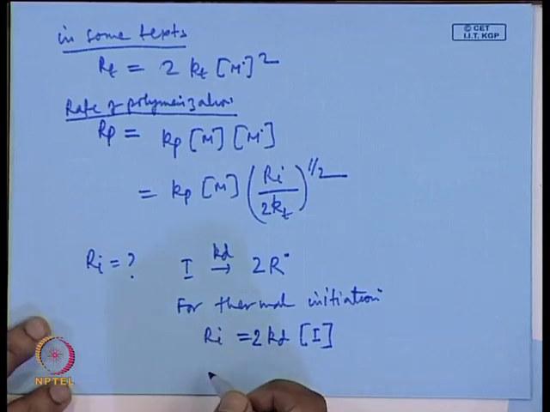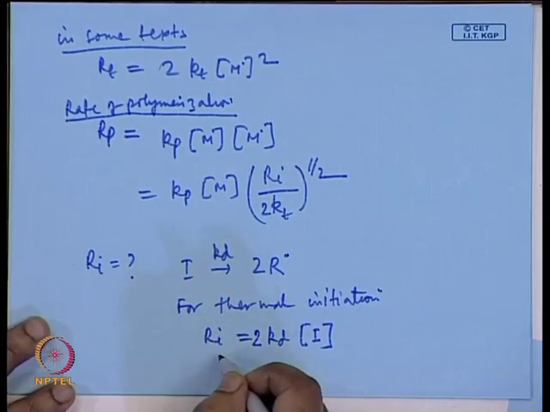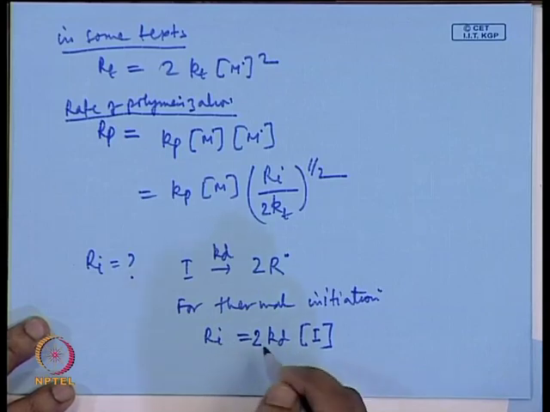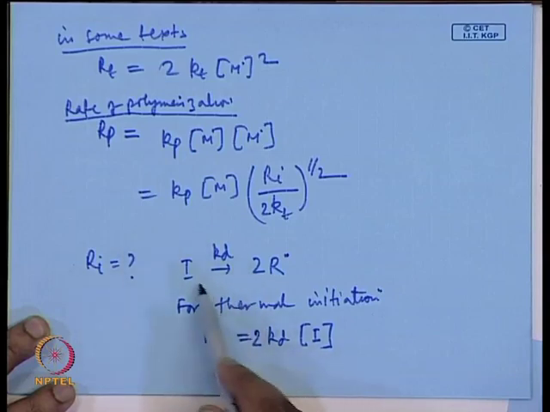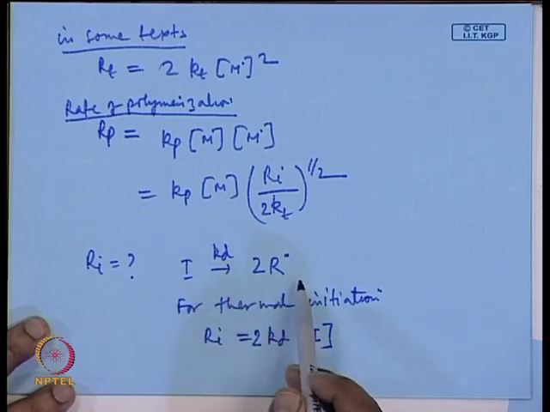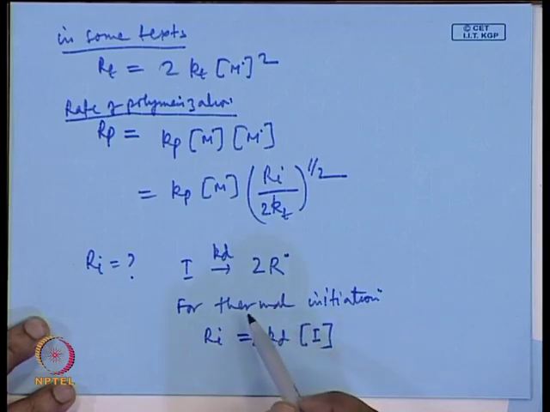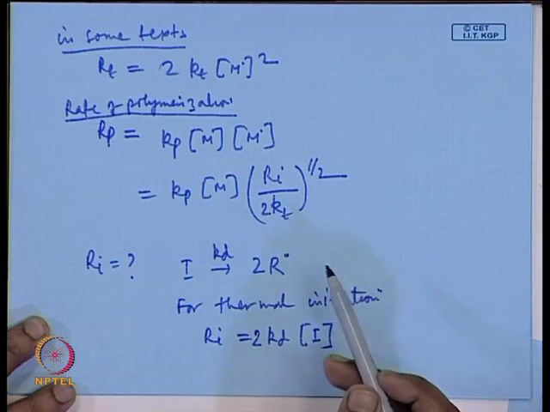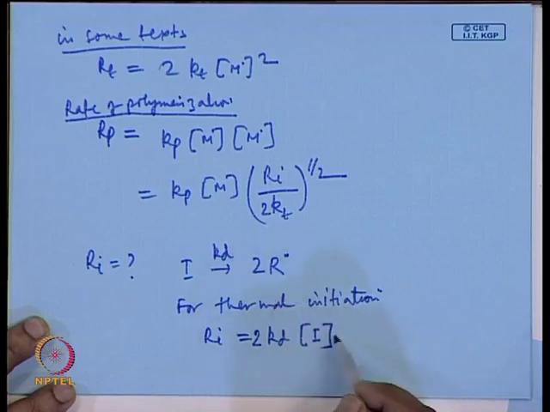and also with our knowledge that not all the radicals which are generated by the homolytic cleavage of the initiator molecule initiate the chain polymerization. The fraction of the radicals generated here, some of them actually initiate the radical polymerization, and so we multiply in the term F, which is the efficiency.